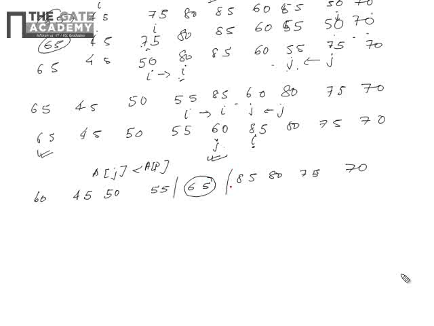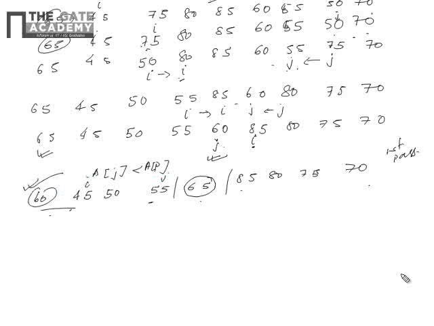Now we have these two arrays, so we follow quick sort again separately for these two parts. 65 remains as it is. This is the first pass, so after the first pass the result will be like this. Now the second pass: again this will be the pivot element, this will be I, this will be j.